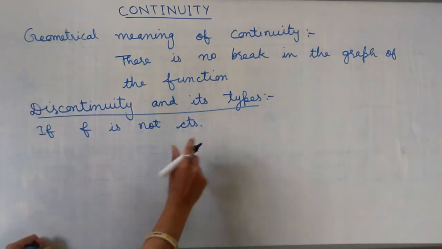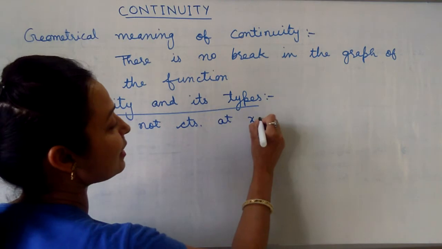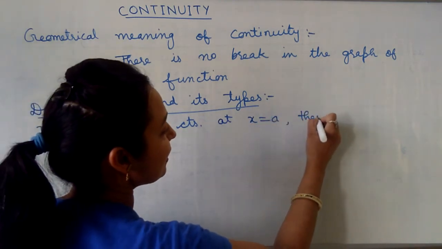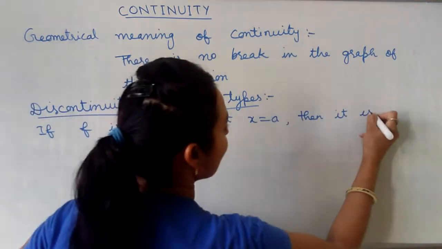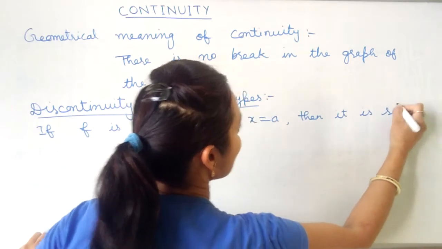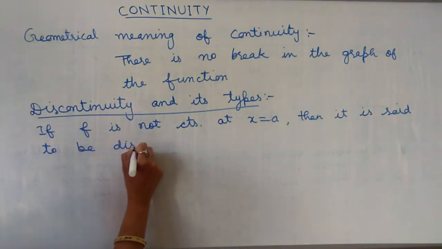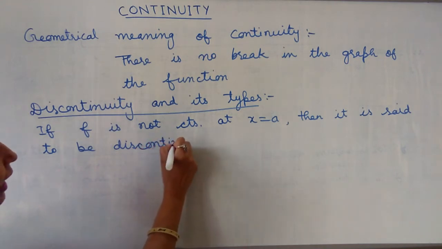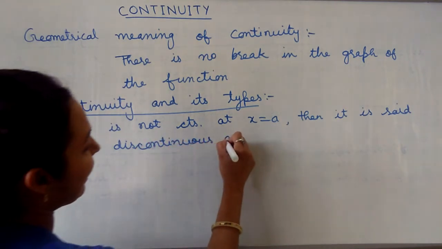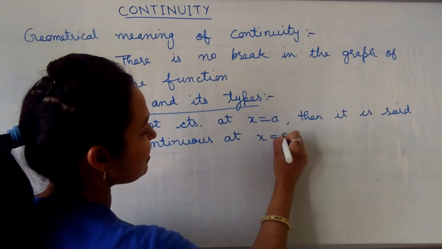If the function is not continuous at x equals a, then it is said to be discontinuous at x equals a.